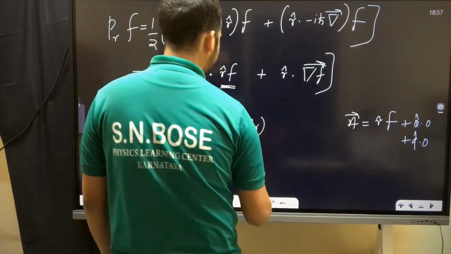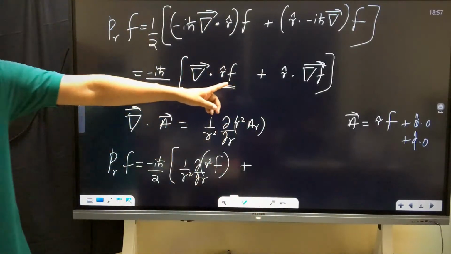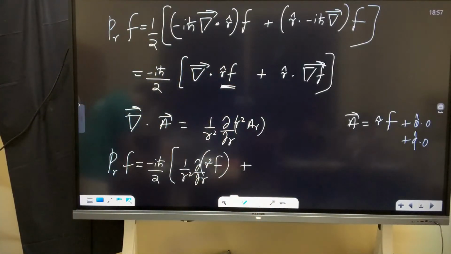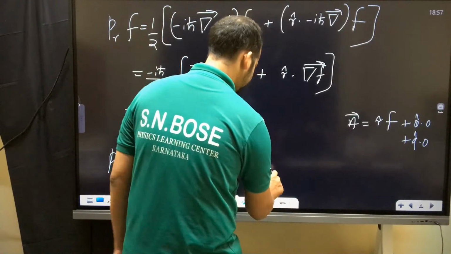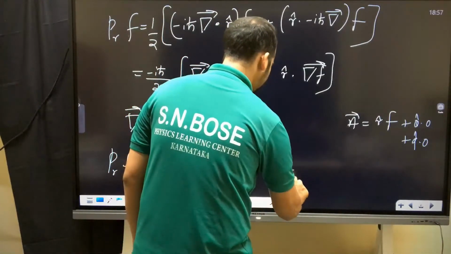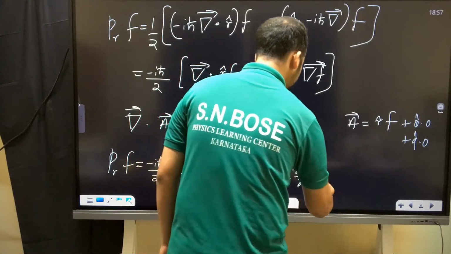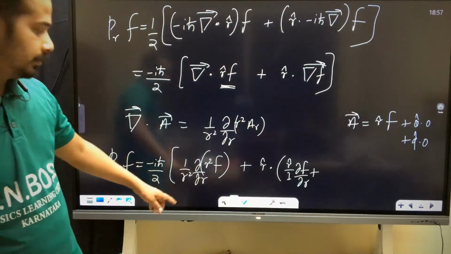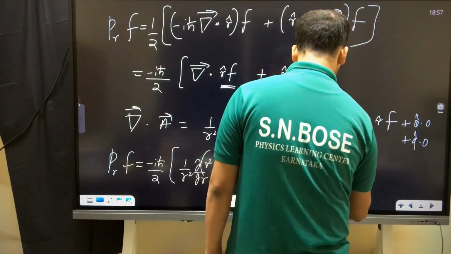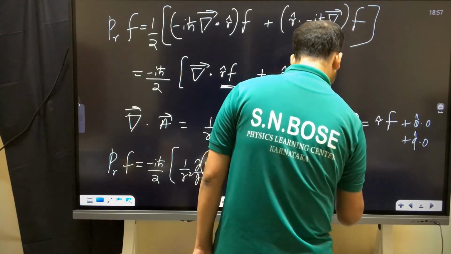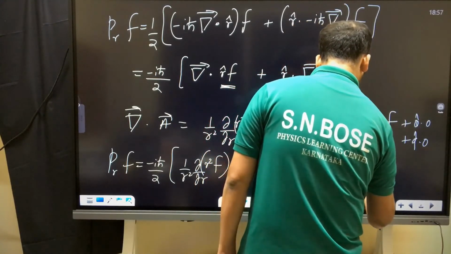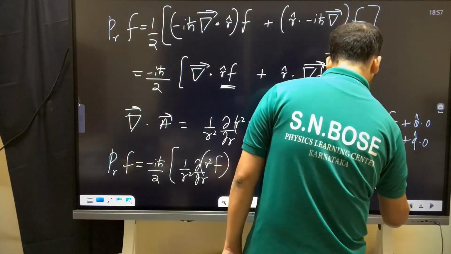So plus, this part is a bit simple, I hope. You can write r cap dot, r cap del f by del r, plus theta cap by r del f by del theta plus phi cap by r sin theta, del by del phi of f.